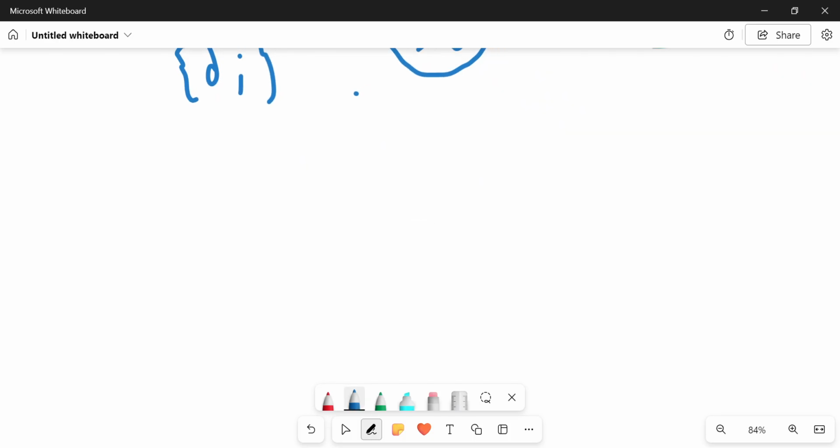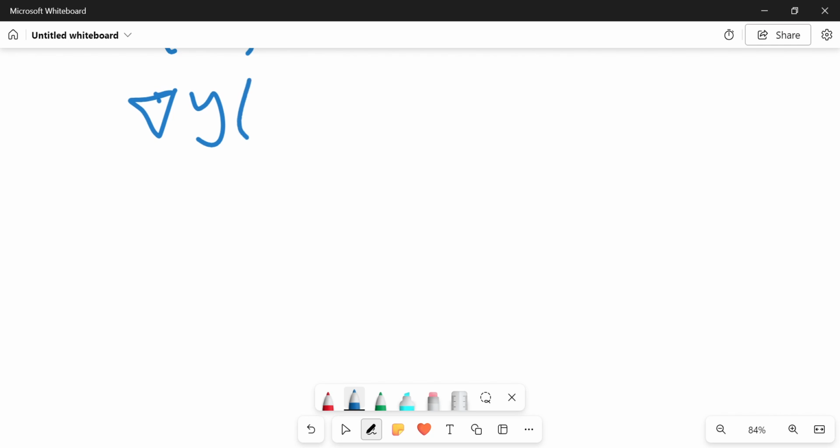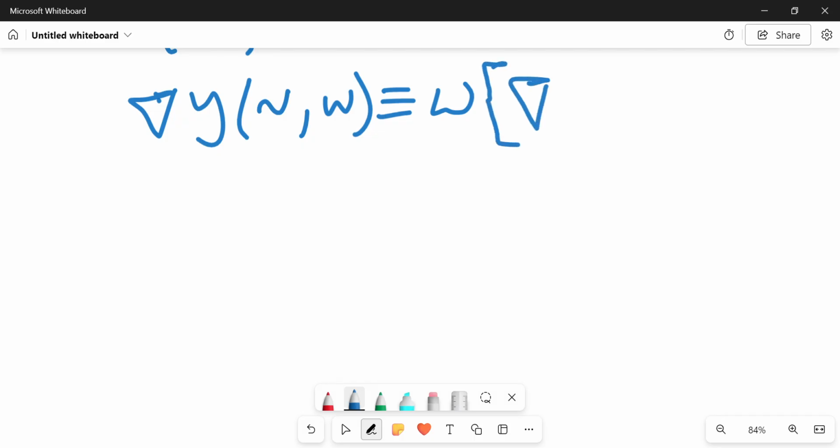We have already defined del y (v, w), or omega, say w. This is the generalization of the directional derivative definition. This is the directional derivative of y in the direction of the vector v.